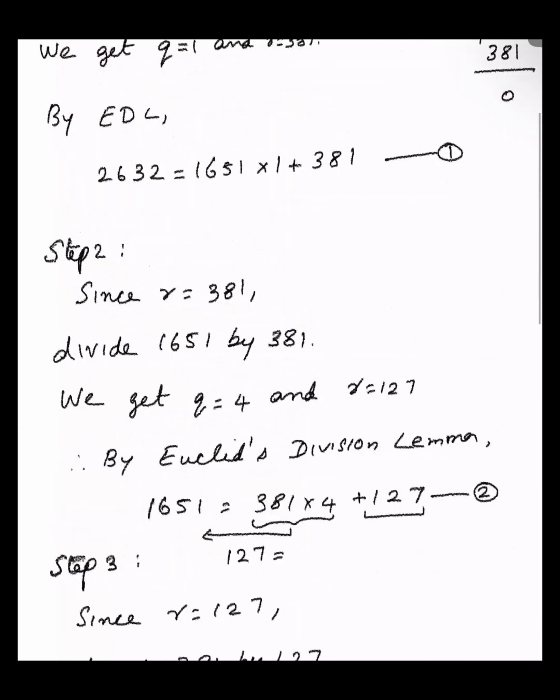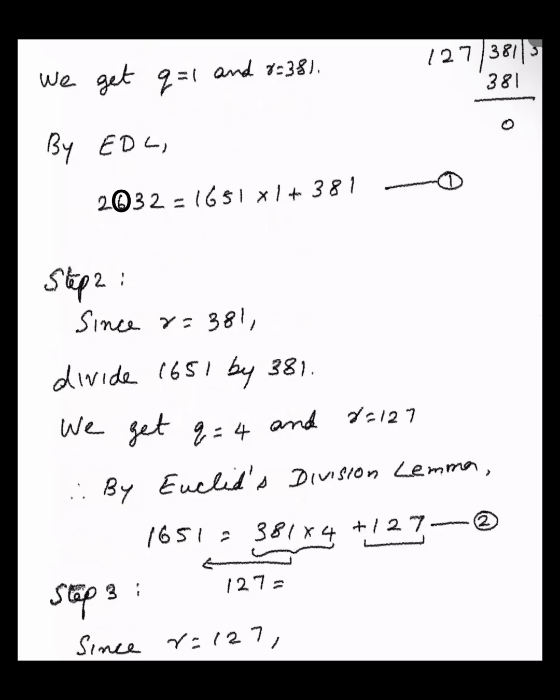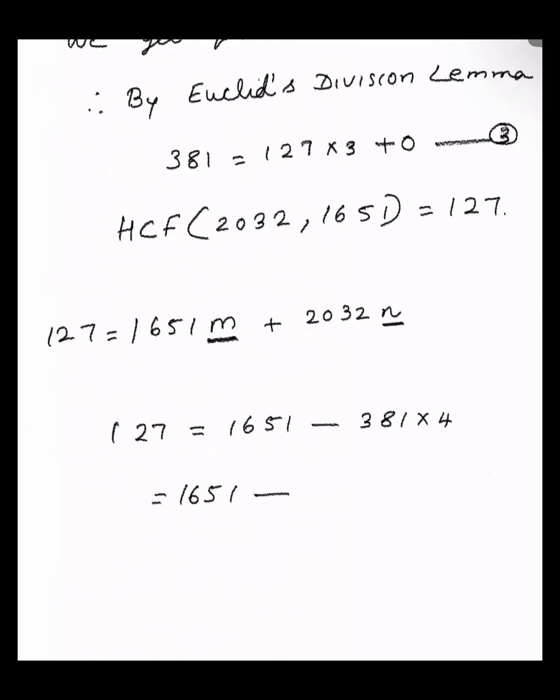Look here in equation number 1. In equation 1, 381 is the remainder. So take 1651 into 1 to the left-hand side, leaving 381 alone. So what do you get finally?